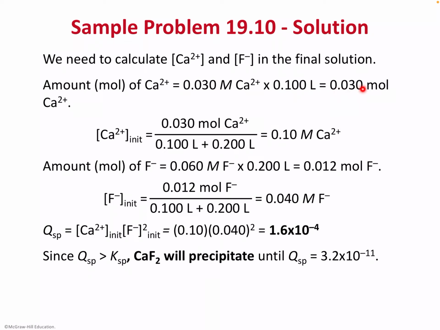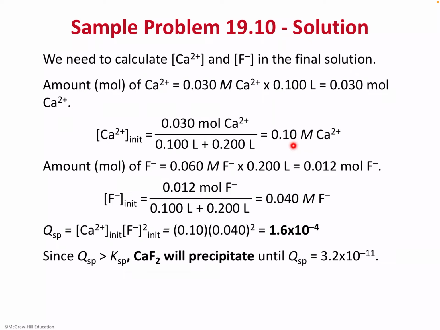Now this many moles are in the combined volume, which is 0.1 liter plus 0.2 liter, 0.3 liter. So you have to divide it by the new volume that we get after you mix the two solutions. So 0.03 over 0.3 makes it 0.1 molar calcium.